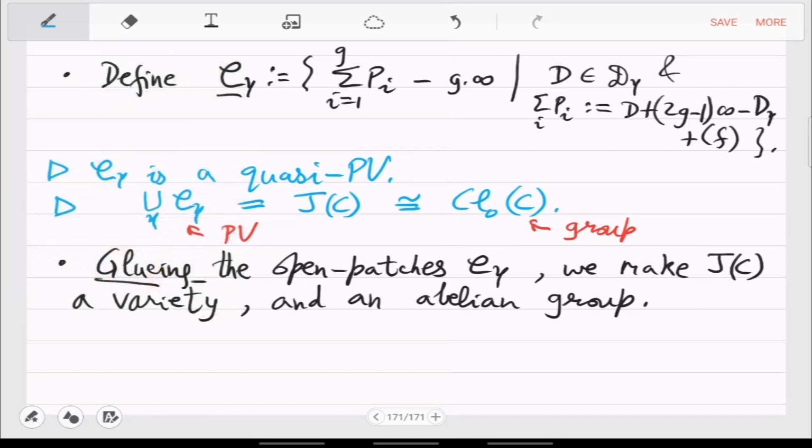You are summing up G generic points, and each point comes from a curve, right? So it is expected to be dimension G, and that's true. So for higher genus, this object becomes more complicated. It's a higher dimensional variety.